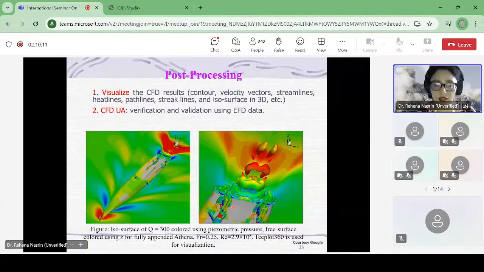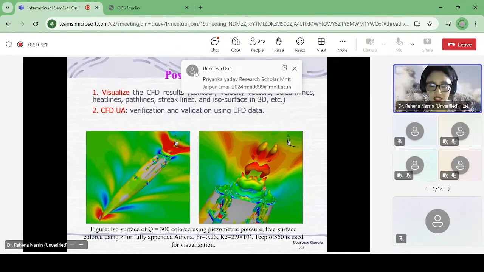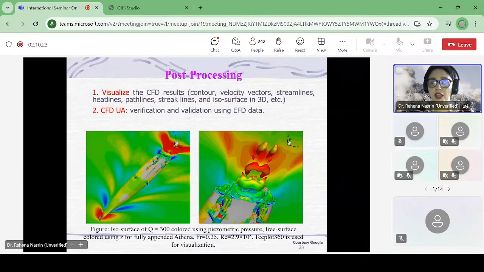We can go for these types of figures, and CFD analysis for verification and validation using experimental fluid dynamics data. If we get experimental data from any source, like publications, then we can compare, validate or verify our computational fluid dynamics result with experimental results.